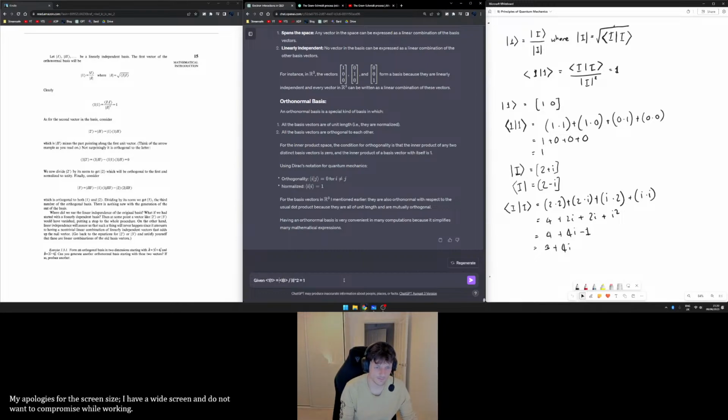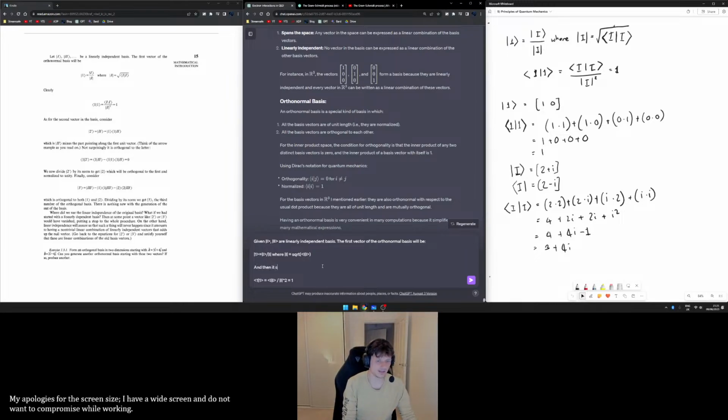So given I are linearly independent basis, the first vector of the orthonormal basis will be 1 equals I divided by I, where I equals the square root, I see it now, of I. So it's actually given it to us here.